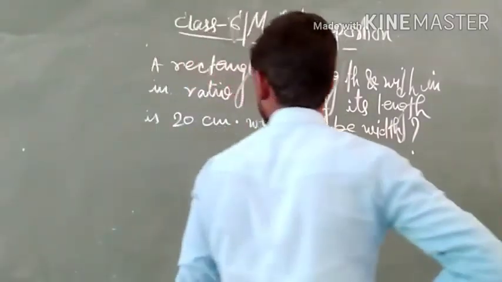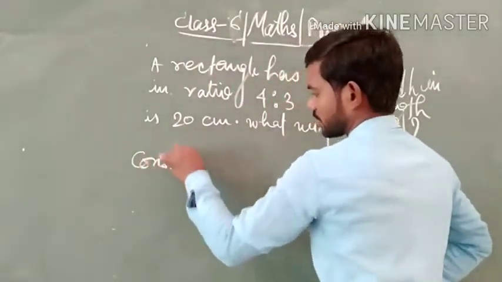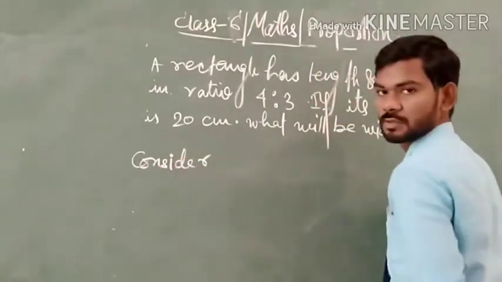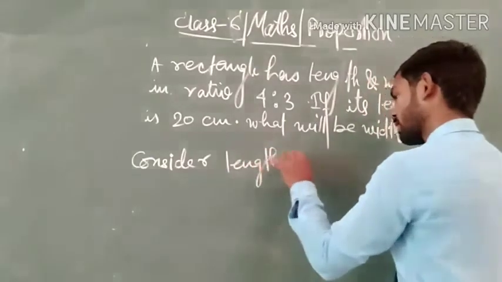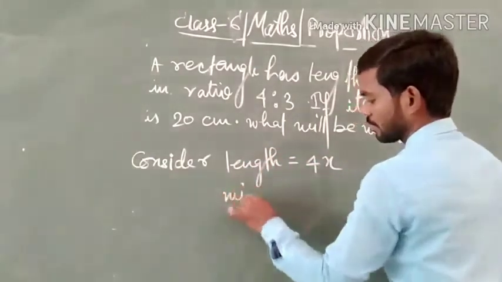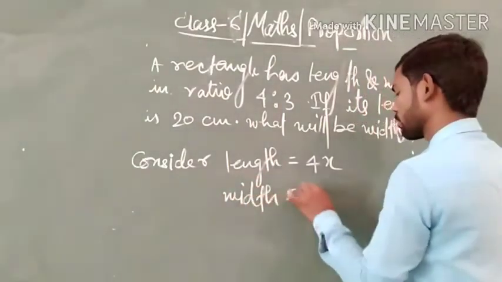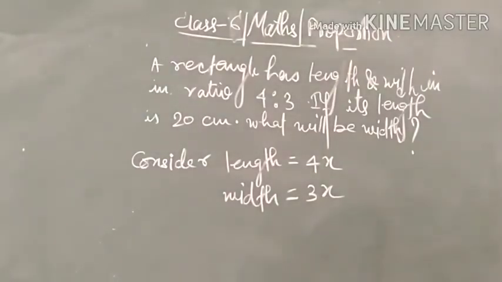So here we shall solve this question by the traditional method. Consider length is equal to 4x and width is equal to 3x. Okay.